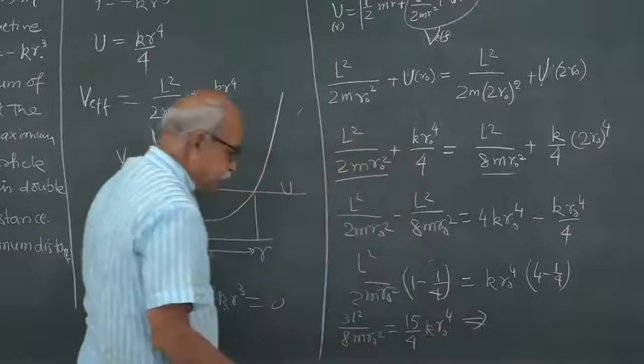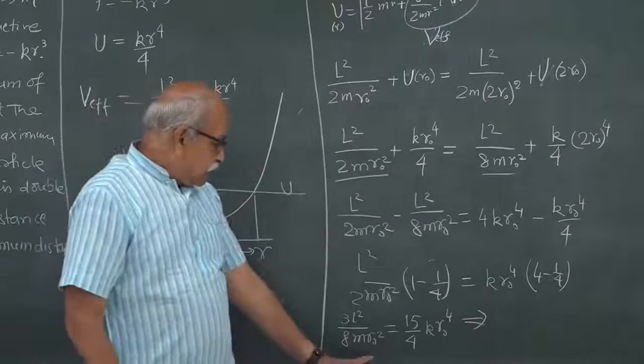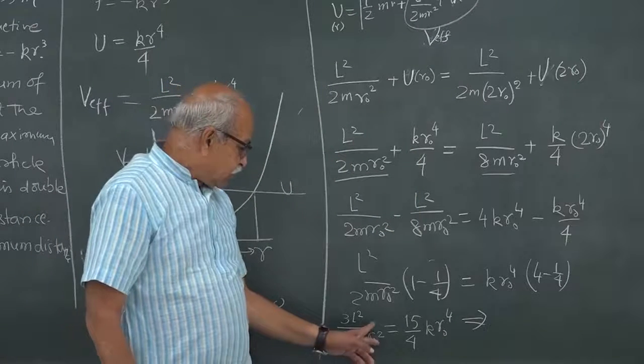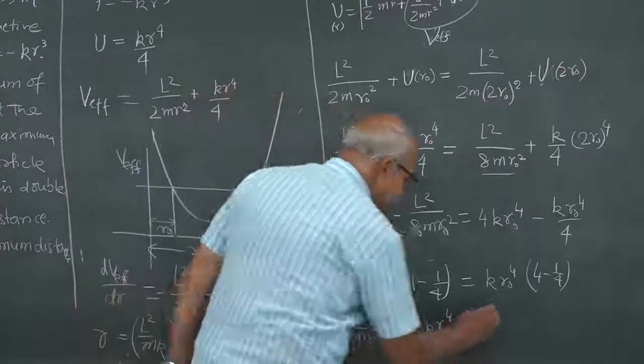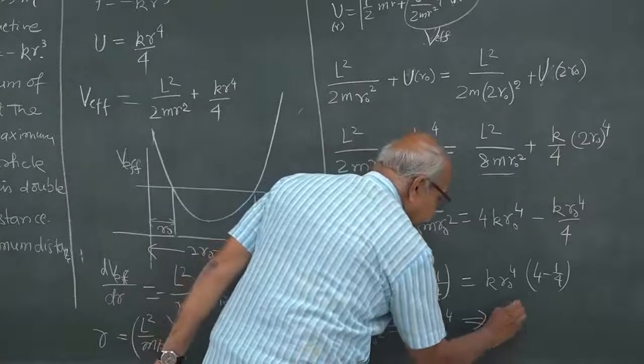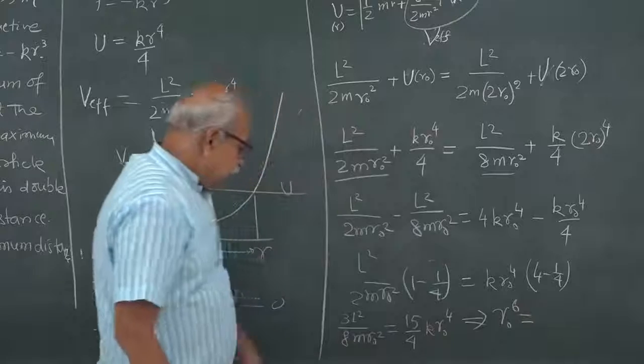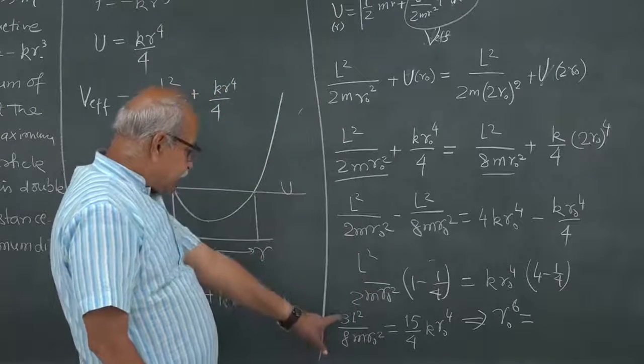That gives you, let us take this r naught square to the other side. So, this will become r naught to the power 6 equal to, and everything else will be on the other side.